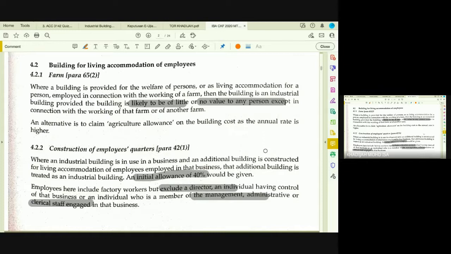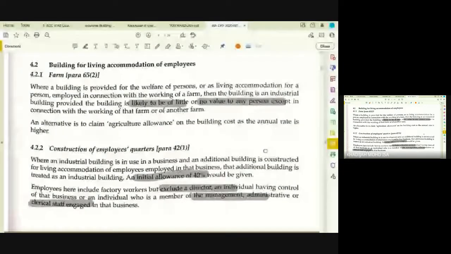It's better because the annual rate is, I think, 50%, which is higher, right? But you have to decide whether you want to claim that as an industrial building under this industrial building allowance, or under agricultural allowance. Of course, the second one is better because the rate is higher.